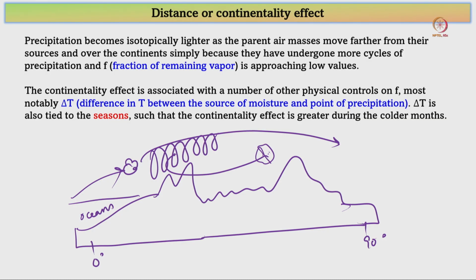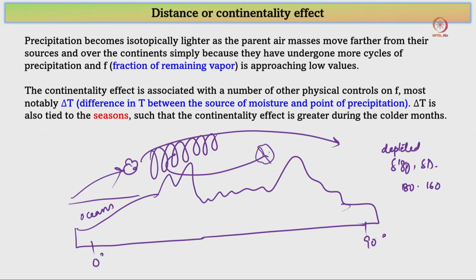So, therefore, we see that as it is moving more and more into the continent, we are getting depleted delta 18O and delta D values. So, the 18O is getting less and less, and the 16 oxygen is getting enriched in the water. Okay. So, therefore, we are seeing this kind of variation.